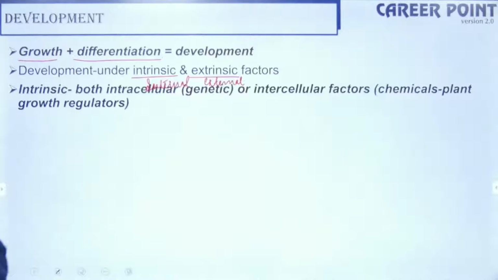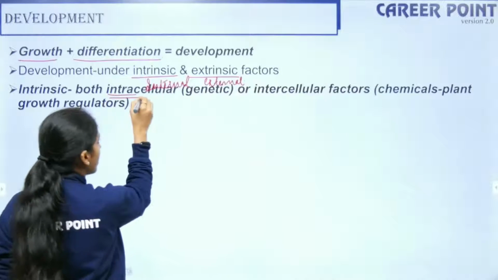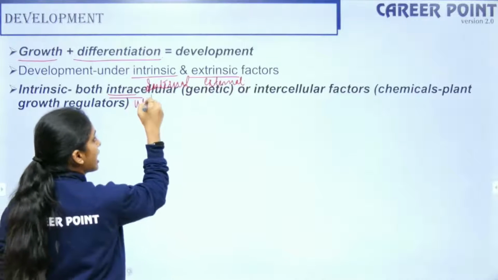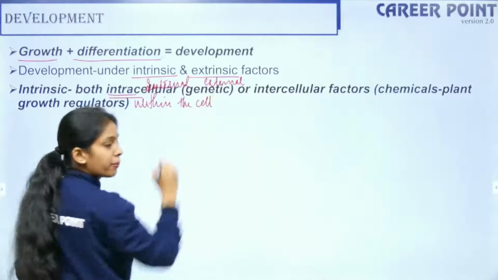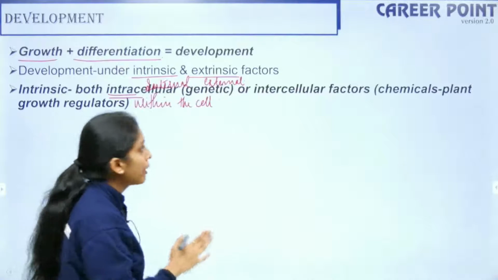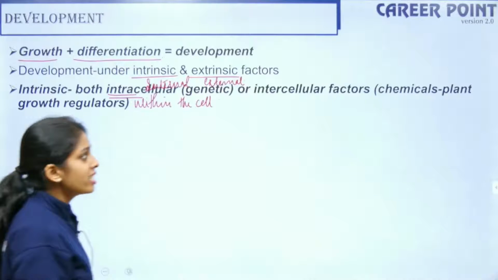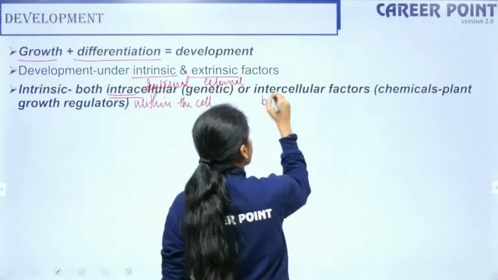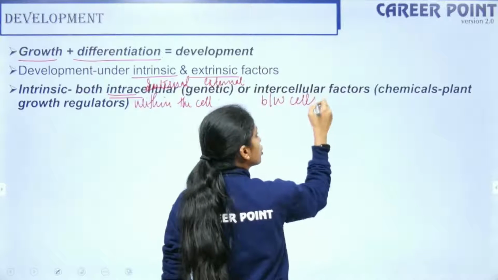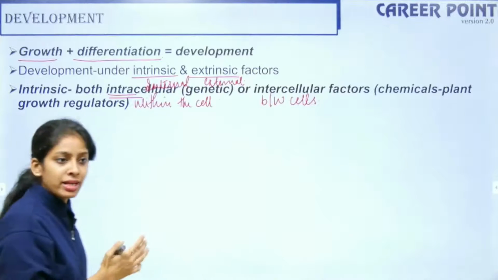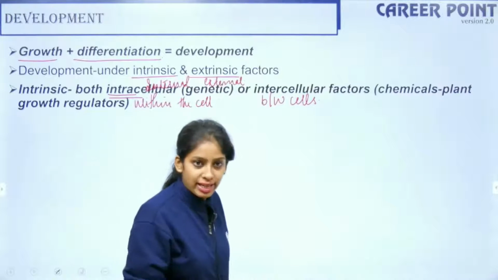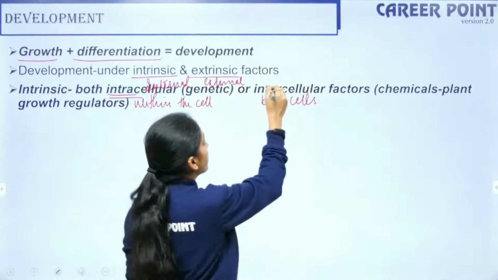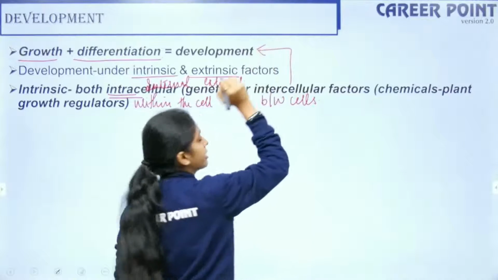Okay, so intrinsic factors can be intracellular, so this is within the cell. It can be the genetic makeup of the plant, or intercellular, so this can be between two cells. It can be the chemicals that are produced by the plant, for example your plant growth regulators. So they can also affect the development of the plant.